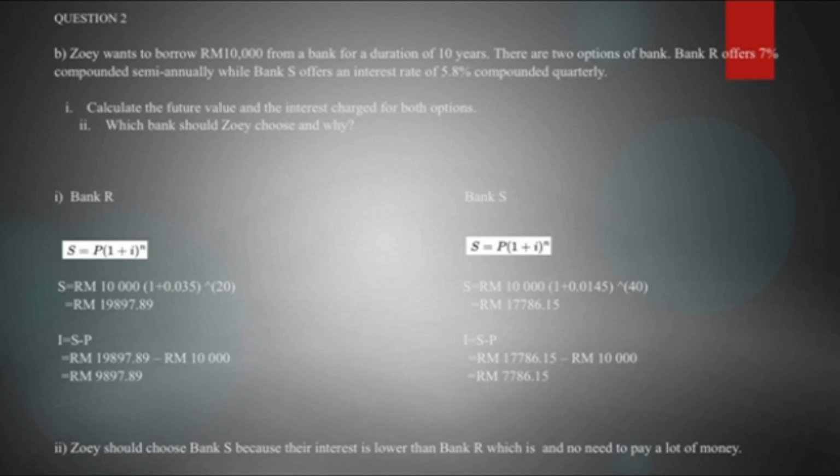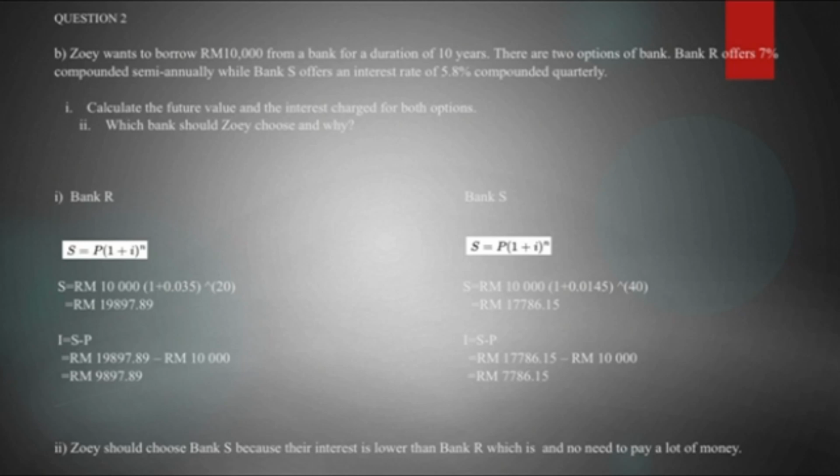So let's look at Bank S. The formula is the same: S equals P (1 + i)^n. So S equals 10,000 (1 + 0.0145)^40. The answer is RM17,786.15.